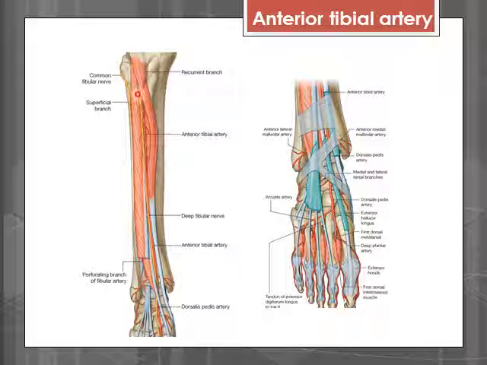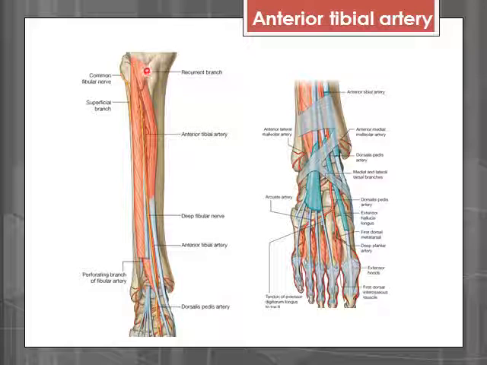The anterior tibial artery, as we see, descends in the anterior compartment of the leg, and it terminates midway between the two malleoli in front of the ankle by becoming the dorsalis pedis artery. Along its course, it gives off many branches.